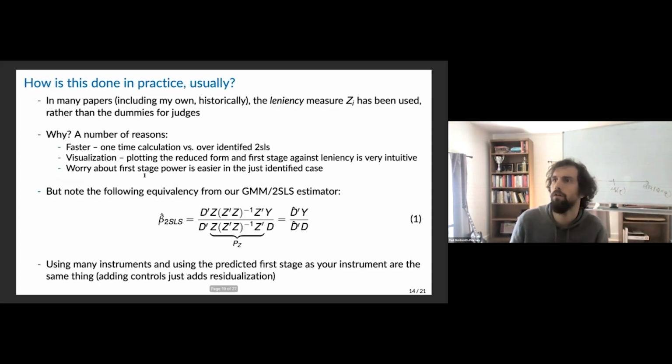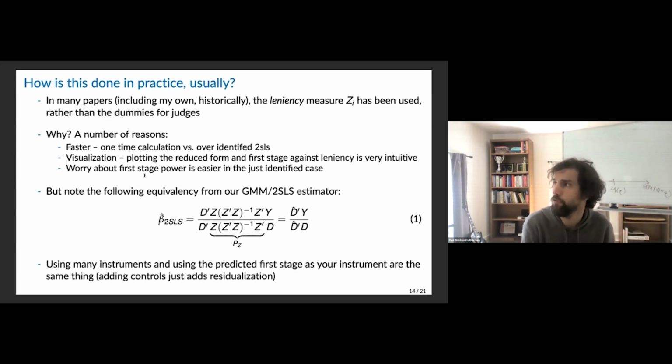Okay. So the last one is that people struggle to understand the first stage issue. So this is going to sound very vague. But when you have those many, many instruments, people really wanted to worry about F-stats. So we talked about this pretesting concern, right? People wanted to say, look, I have a very powerful first stage.